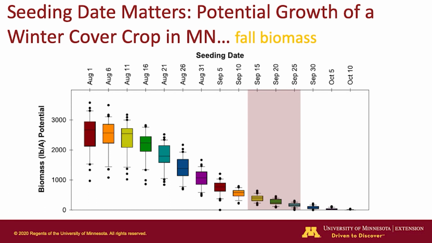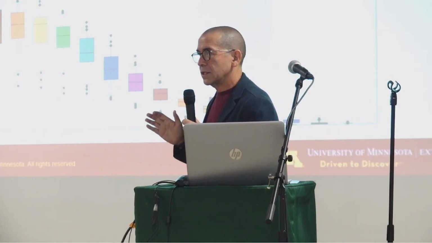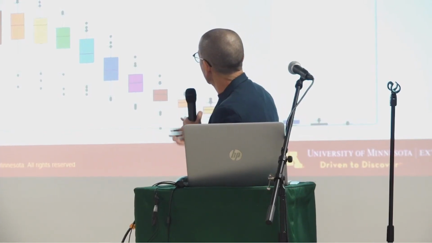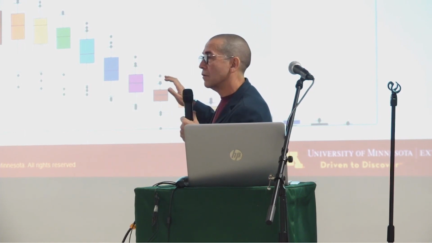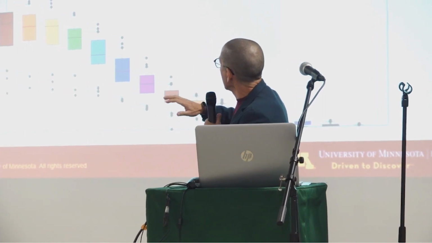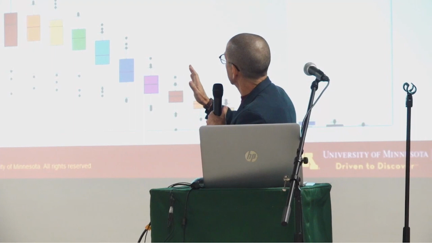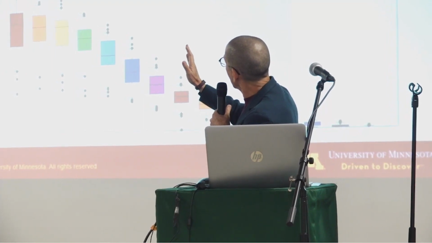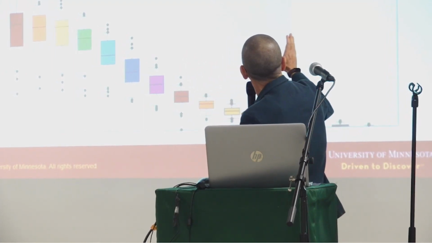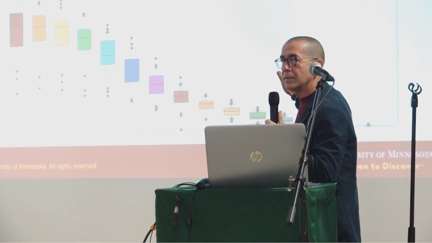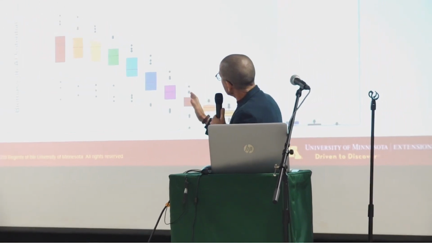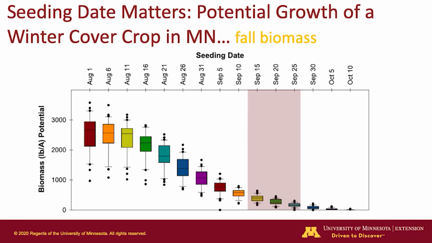So we took 33 years of historical weather data, observed data. We put it in a model for winter rye, and we simulated seeding winter rye from August the 1st through October the 10th, okay? So each planting date has 30 plus results.